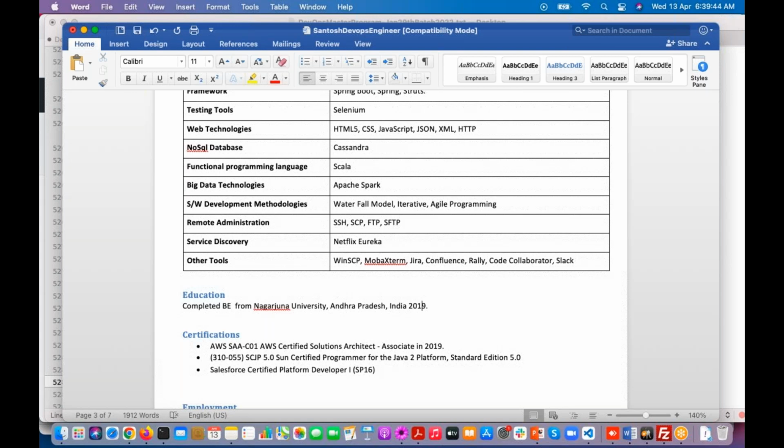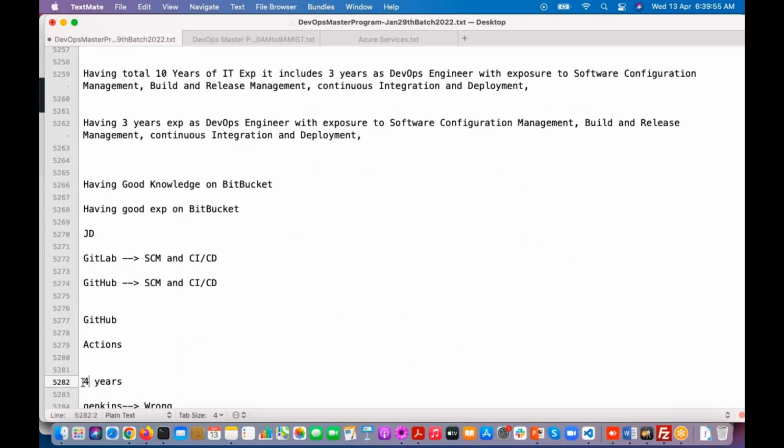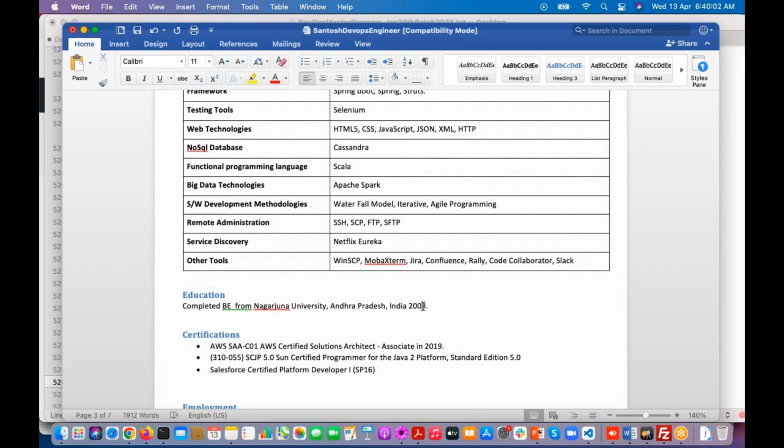Suppose you completed in 2009 and you have 13 to 14 years of experience, not a problem. Even 2006 or 2016, you don't want to mention. My suggestion is don't mention.